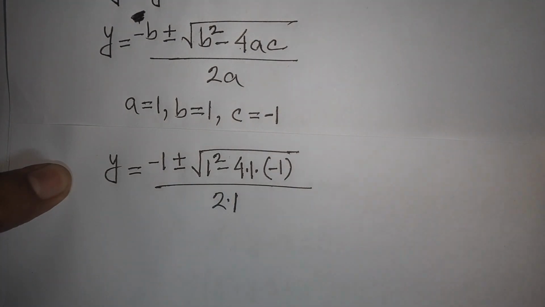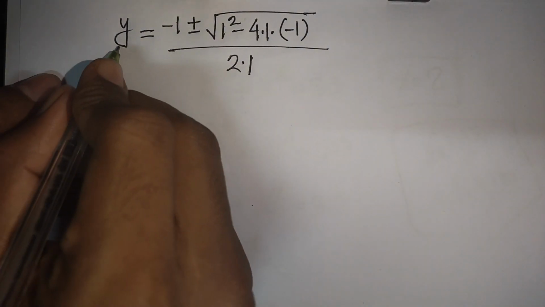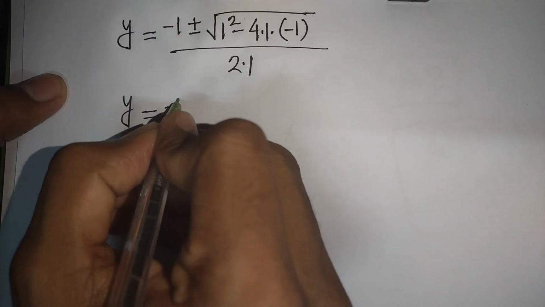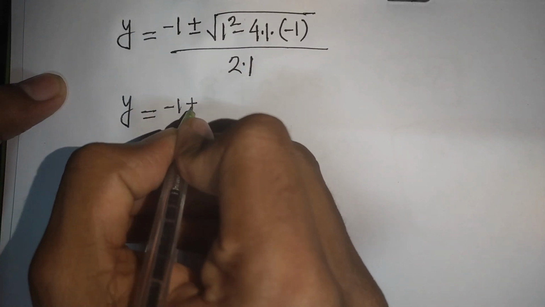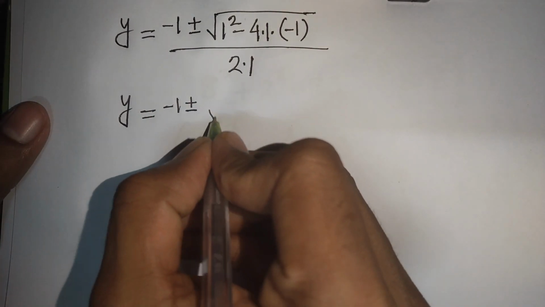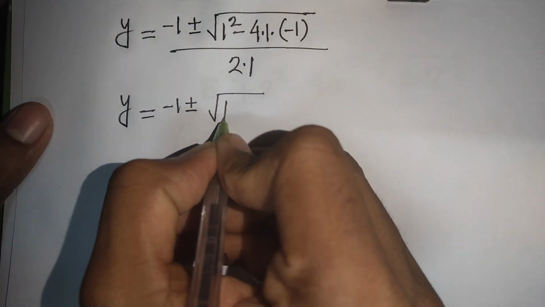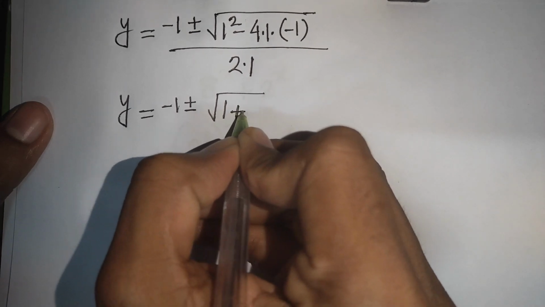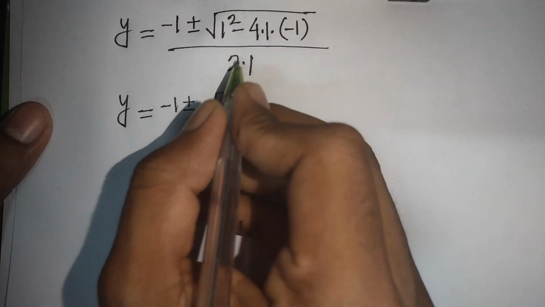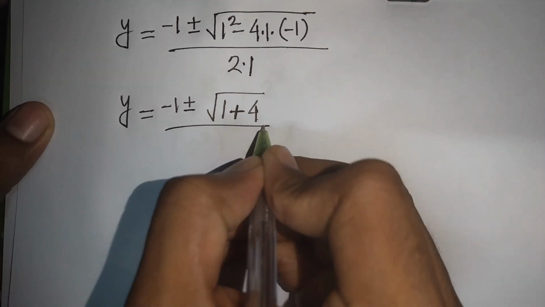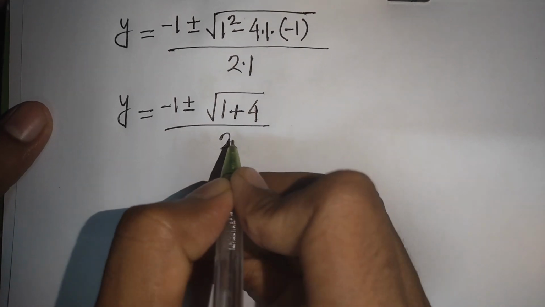Now I can write here y is equal to minus 1 plus or minus the square root of 1 square, which is the same as 1, minus times minus, that means plus 4 times 1 times 1, that means 4, divided by 2 times 1, that means 2.